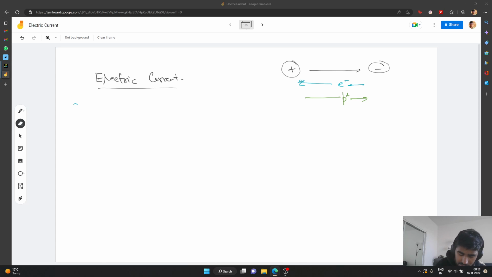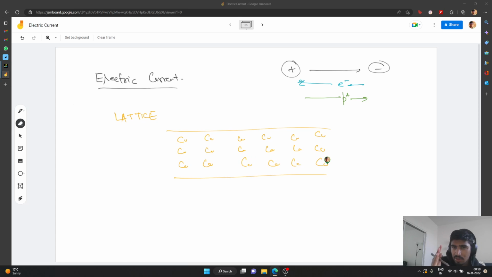Okay. With that under our belt, let's think about how the current is generated. What we need to understand is the picture of what happens inside a wire, because these electrons are inside a wire. So this is say a wire, and say it's a copper wire. Copper is in something called a lattice, which means that these copper atoms are arranged in a regular structure, somewhat like a grid shape, right?